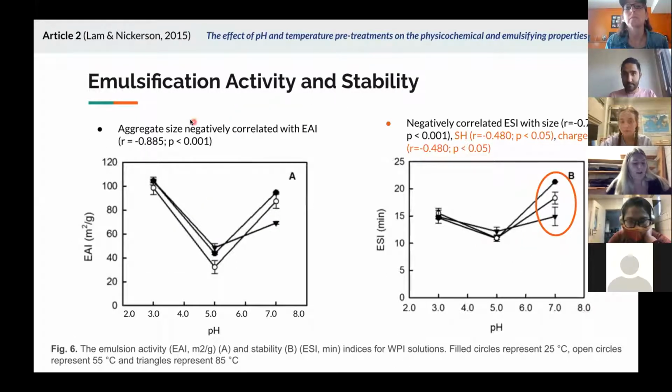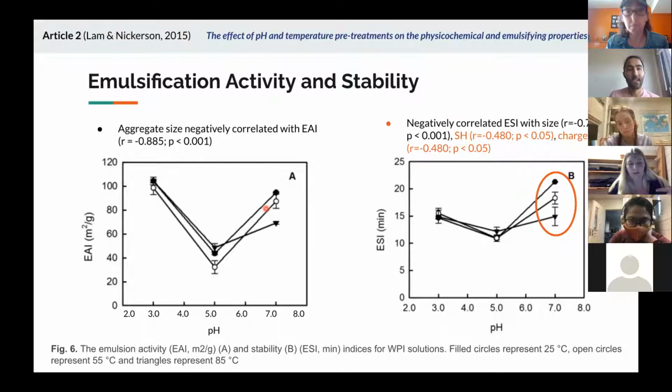Next, these emulsions that we're looking at were formed by homogenizing the protein solution with canola oil. So the emulsification activity index gives us an indication of the surface area stabilized by the proteins. And we see that this declines at pH 5, then increases again at pH 7. And this was correlated with aggregate size because larger aggregates need more time to migrate to the oil and water interface.